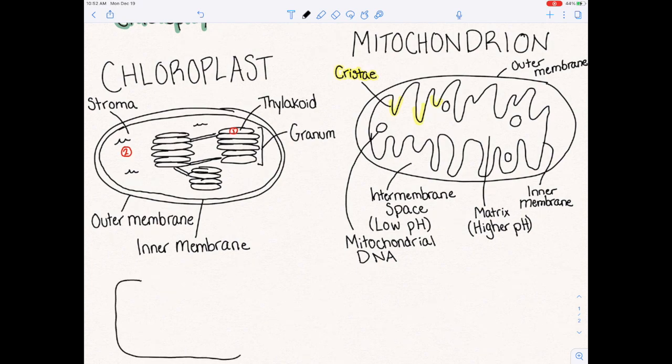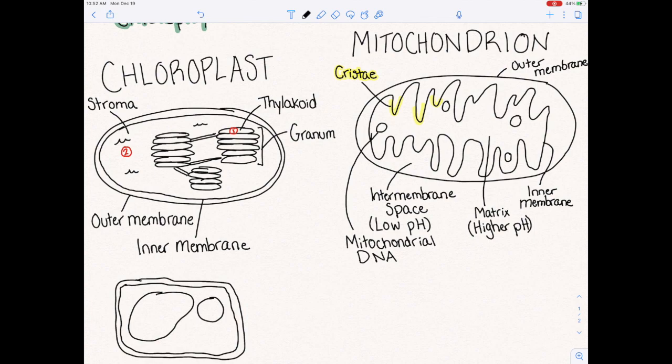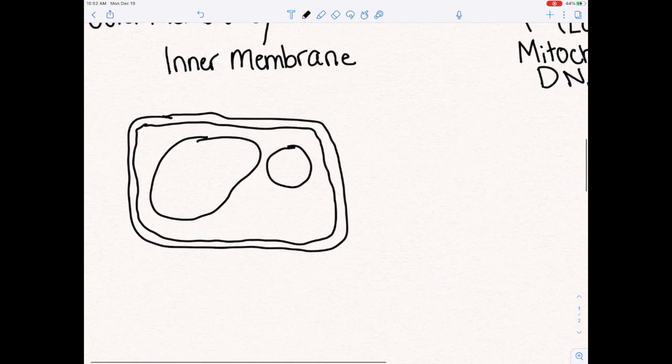Just as a recap, in a plant cell, I'm going to draw the cell wall and the cell membrane. And remember, it has that huge central vacuole, the nucleus, and a lot of other organelles. But inside of this plant cell, you are going to have multiple mitochondria as well as multiple chloroplasts.